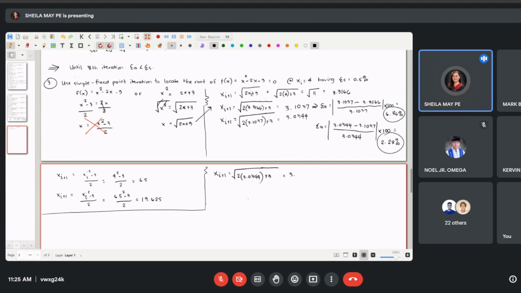this is 3.0114. So 3.0114 minus 3.0344, multiplied by 100.